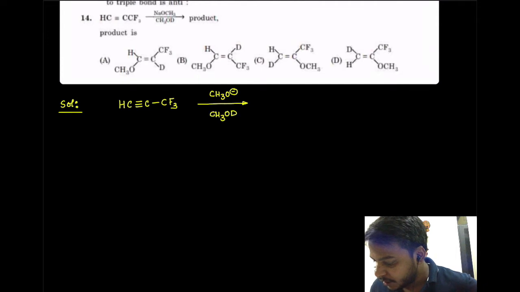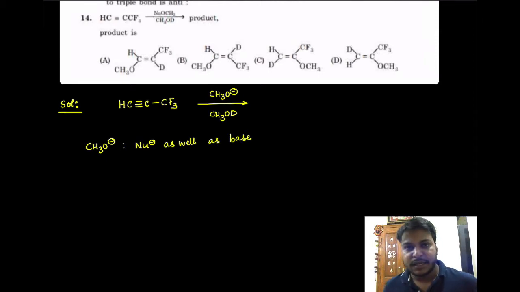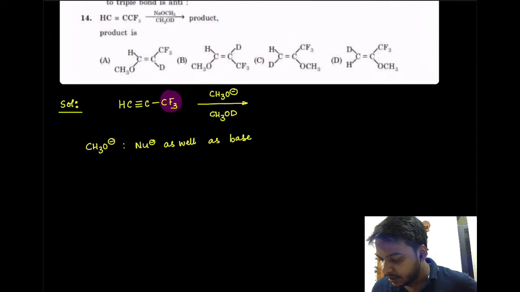CH3OD. One thing we know is that CH3O minus is a very good nucleophile as well as a base. There is no role of basic nature here; it is mostly to do with the nucleophilic nature, because CF3 here is a very good withdrawing group.